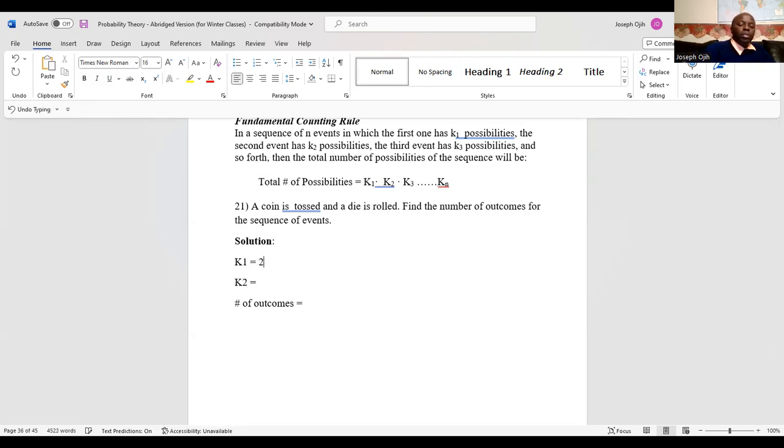K1 is two possibilities, and a die has 6 sides. So the number of outcomes will be K1 times K2, which is 2 times 6, and that will give us 12 possibilities.